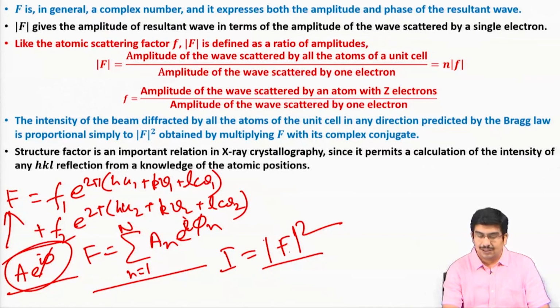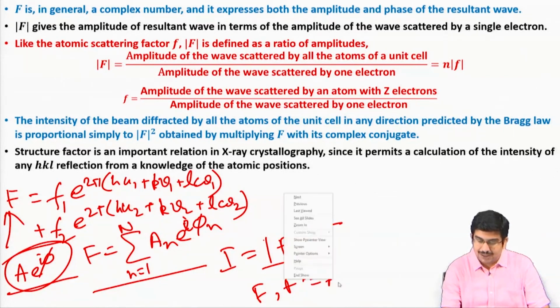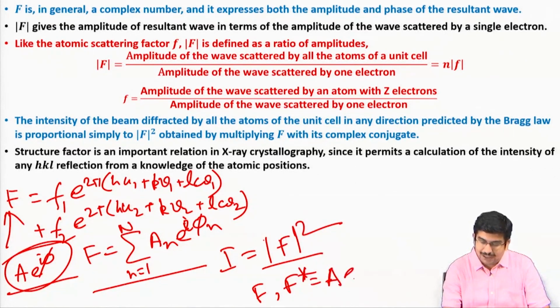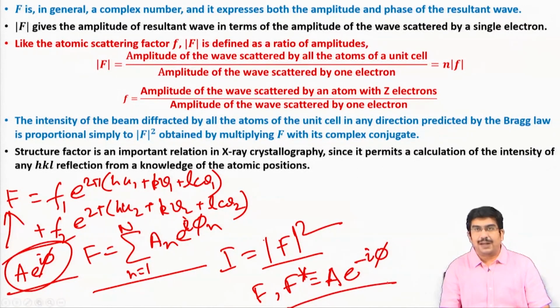Amplitude is given by mod F, as we just discussed, and mod F square we get by multiplying F with its complex conjugate, which is expressed as minus I phi. So, if we multiply F with its complex conjugate, what we get is the intensity of the diffracted beam coming out of the entire unit cell.